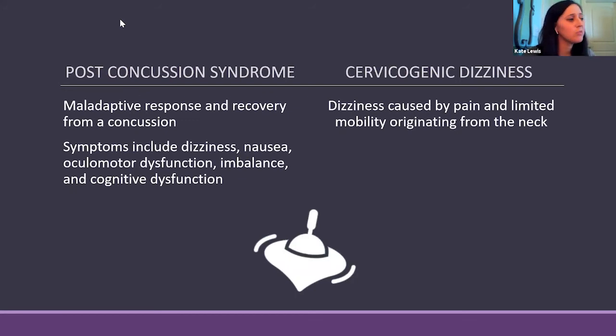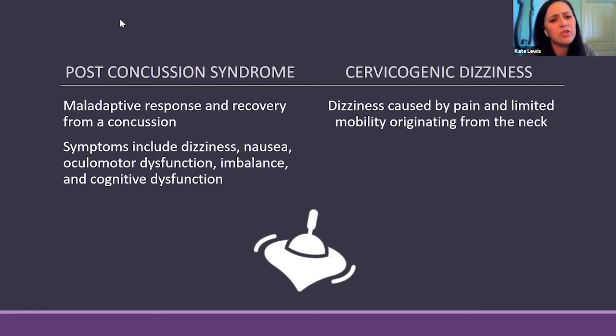Post-concussion syndrome. So an individual has a concussion, but they don't recover in the way that they should. They kind of get caught in this cycle of maladaptive recovery. And so what I explain to my patients is that when you have a concussion, the brain kind of goes into fight or flight, and you get stuck in that fight or flight cycle. You don't kind of recover from the concussion.